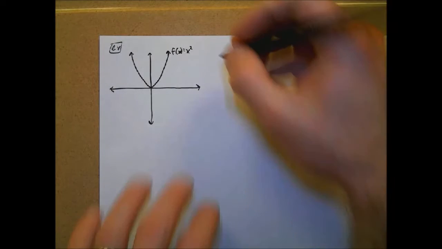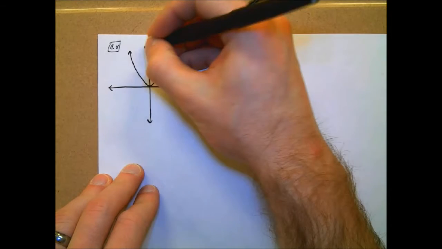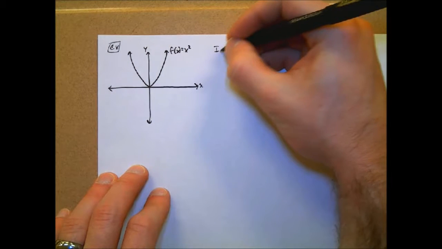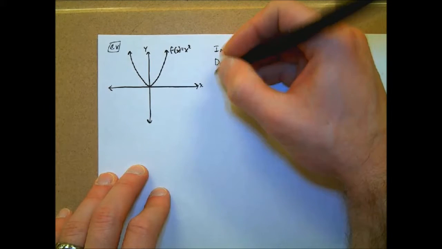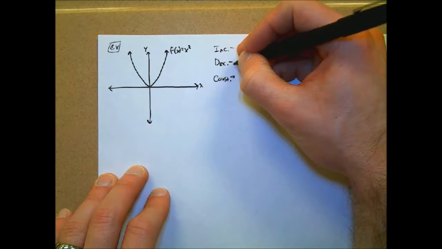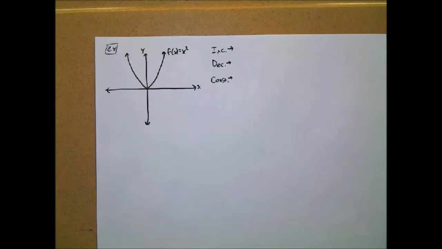We already did the domain and the range for this, so I won't worry about that. Let's talk about increasing. I'm just going to abbreviate here just to save ourselves having to write. So we'll talk about increasing, decreasing, and constant for this f of x equals x squared.